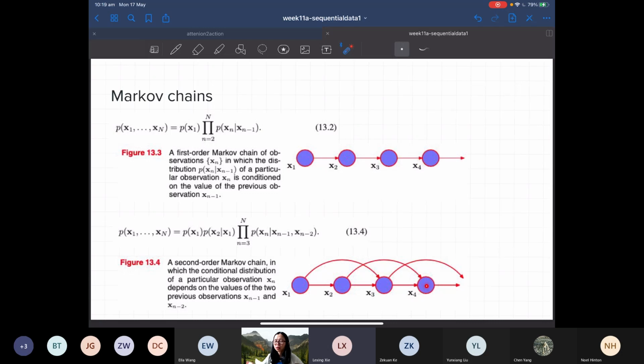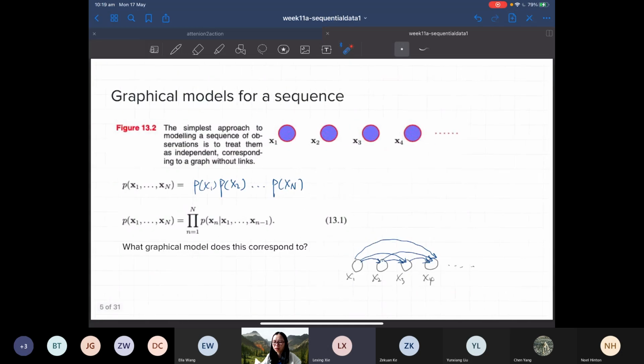Indeed, we can form a second-order Markov chain by making every variable from the third one onwards condition on its 2 immediate predecessor variables. You can keep doing this and have a fixed-order Markov chain, which requires a fixed-size memory and not potentially infinite memory like the page before.